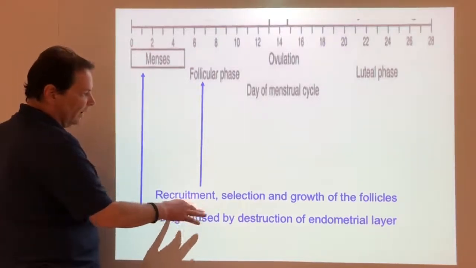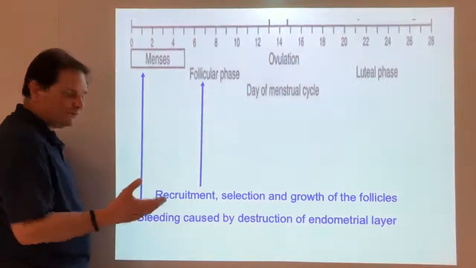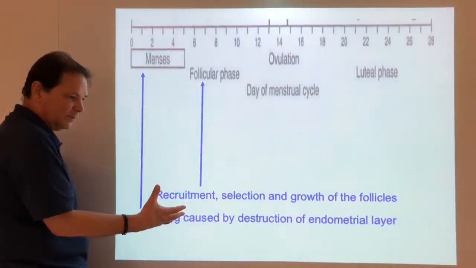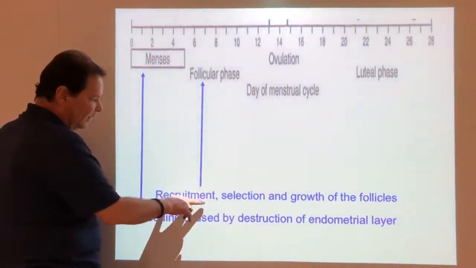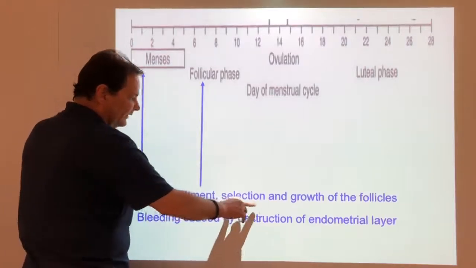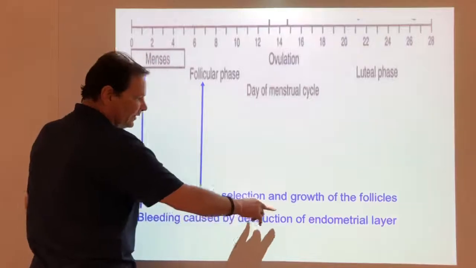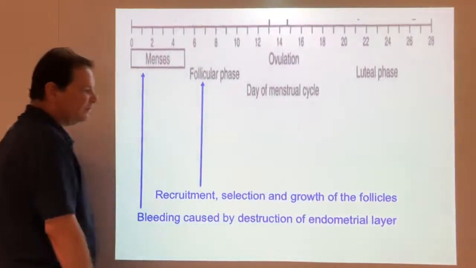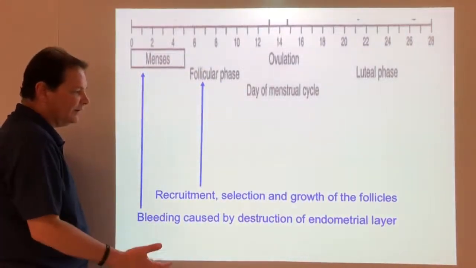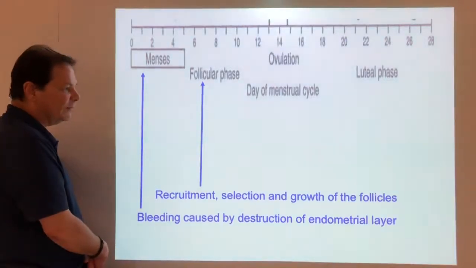This is where follicles, which develop up to a certain point pre-puberty and then stop, are recruited and then selected so that a dominant follicle is eventually chosen during the process of growth and development.